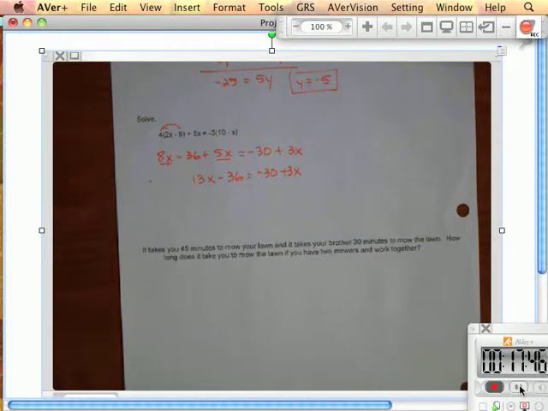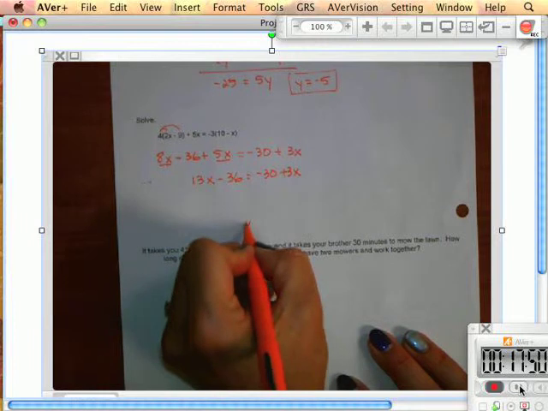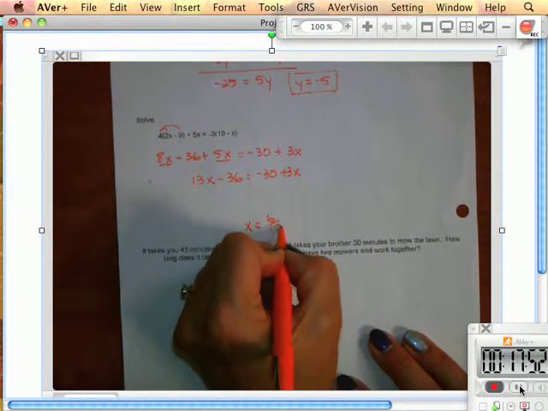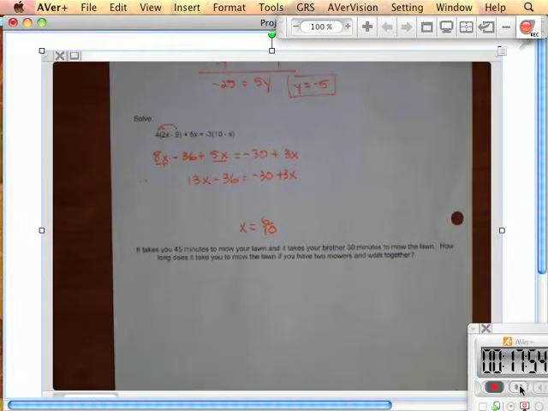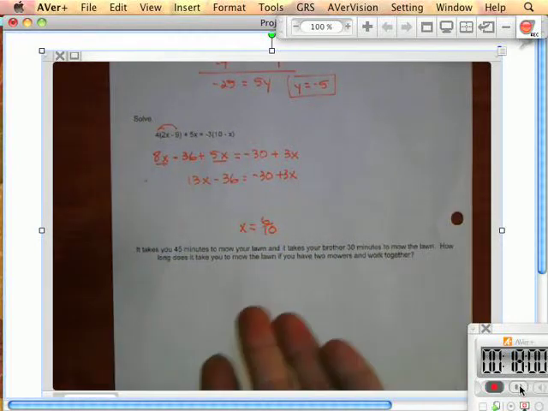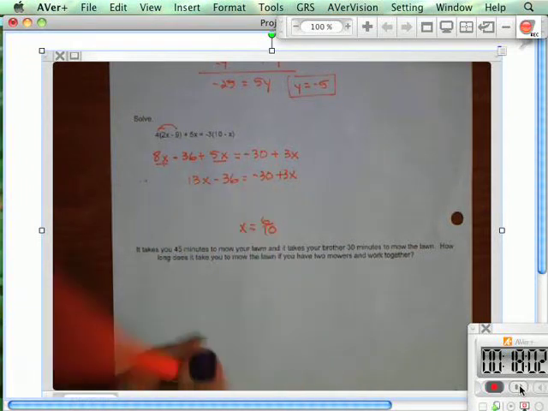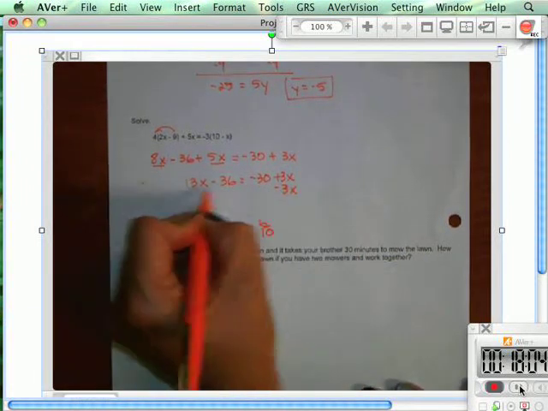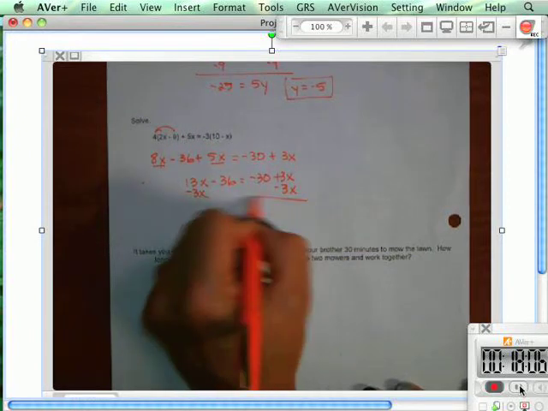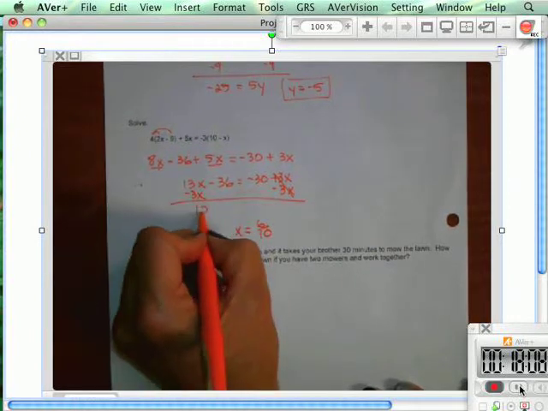And I'll just tell you what you end up with here. You end up with 6/10. Do you want me to finish it? I subtracted 3x from both sides. You might go a different way. It doesn't matter.